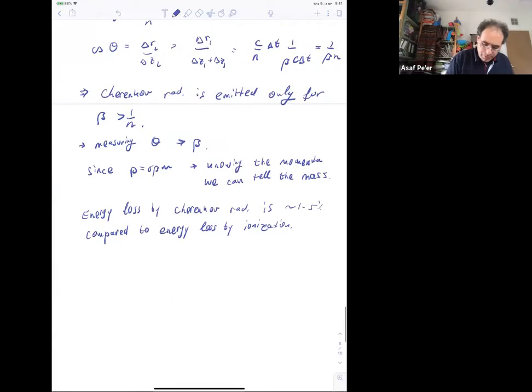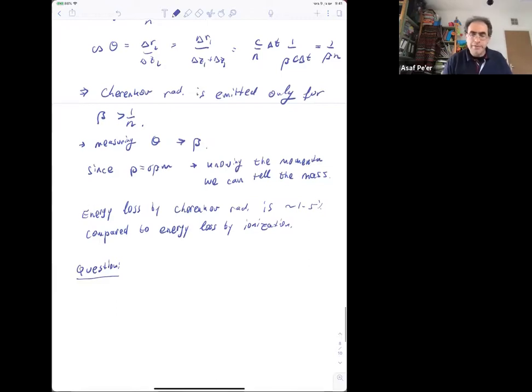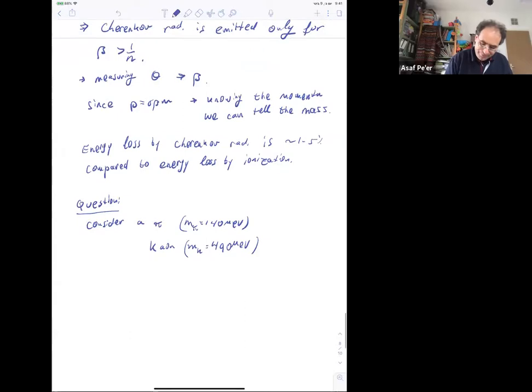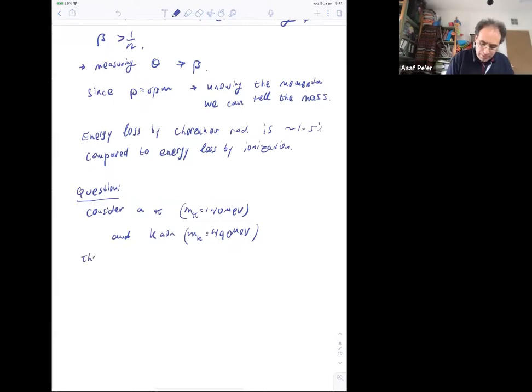Okay, so I have a question which is pretty much straightforward. Consider a pion, which, to remind you, has a mass of 140 MeV, and a kaon, with a mass of 490 MeV, that move with energies of, let's say, E of 20 GeV.